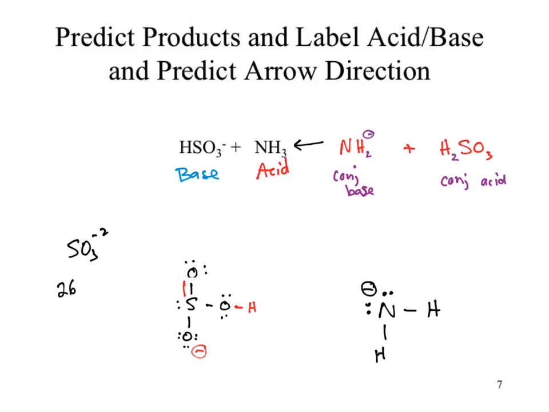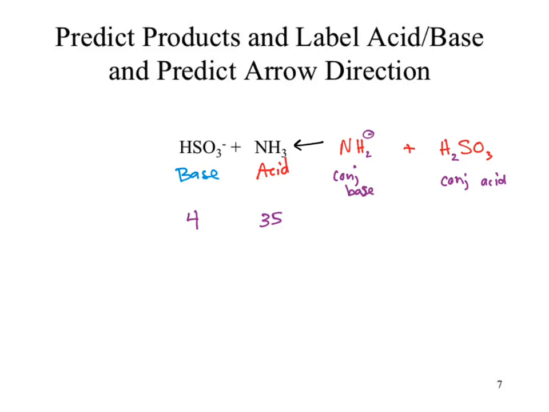What else could you use? You could use numbers. What are those numbers? pKa's. What does the smaller pKa mean? More acidic.